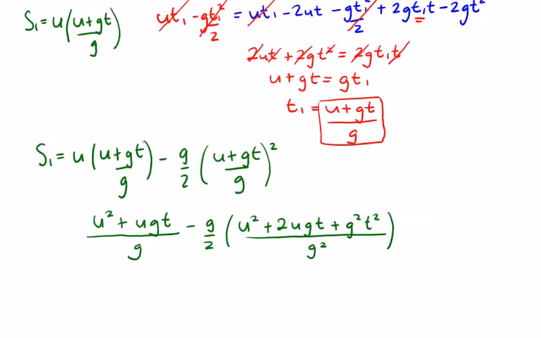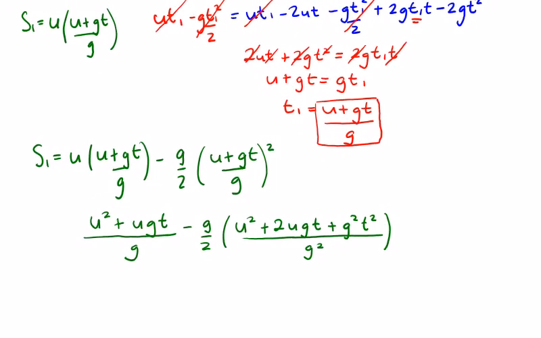Okay, let's see where we go from here. We're in terms of g and t, so the squared here will cancel with this g. So I'm going to simplify this fraction. u squared over g plus, because the g will divide in, ugt over g, so plus ut. And this is minus 1 over 2, so this becomes a 1.